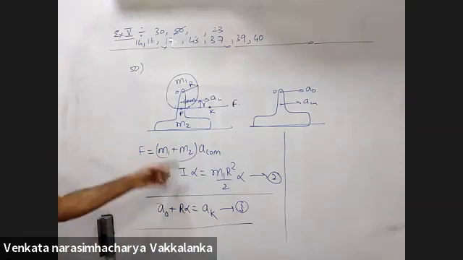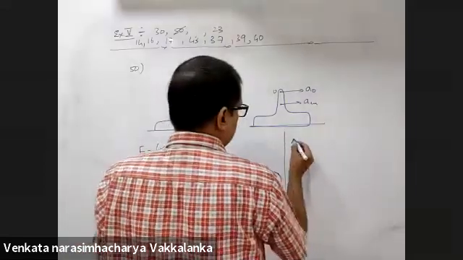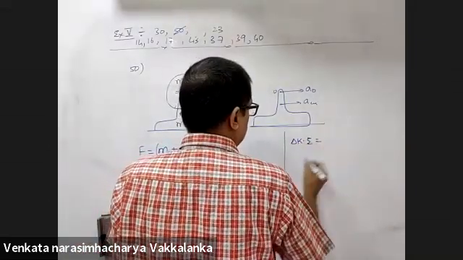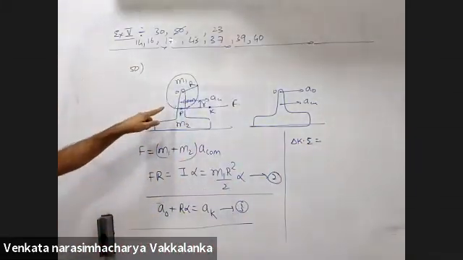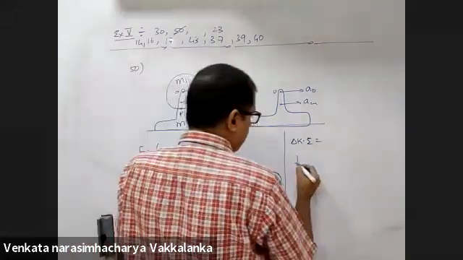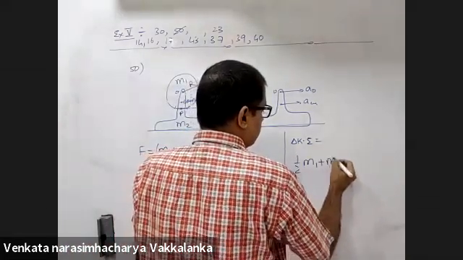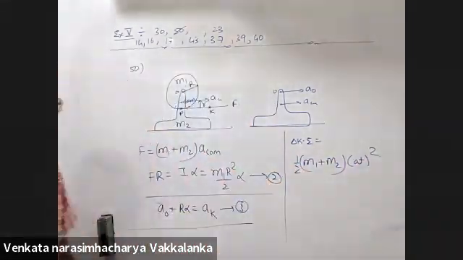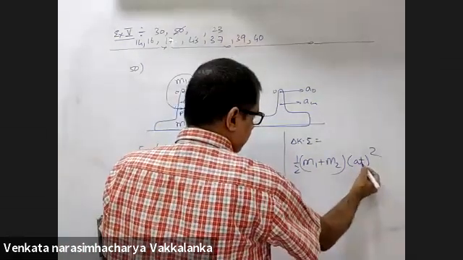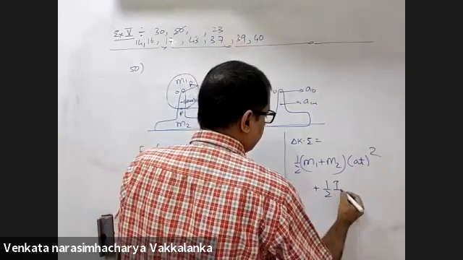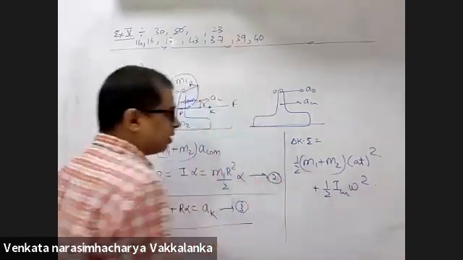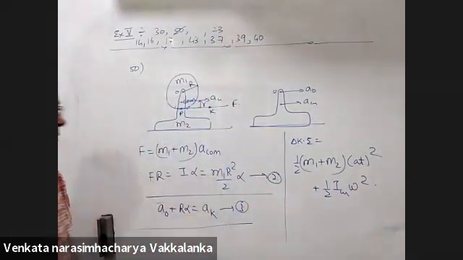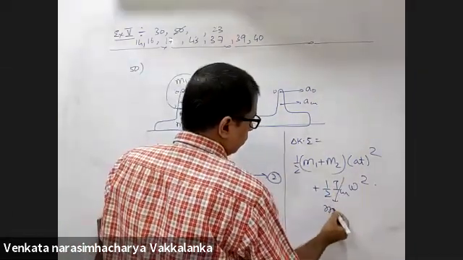Translational dynamic equation, rotational dynamic equation about O. Now kinetic energy. Translational kinetic energy is half (m1 plus m2) into velocity square, where velocity v equals u plus at. Plus half I_CM omega square. Now I_CM you know is m1 r square by 2.